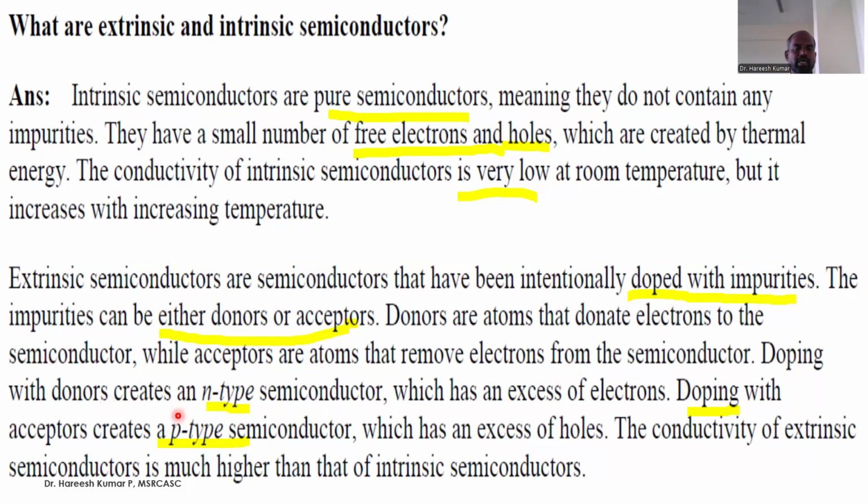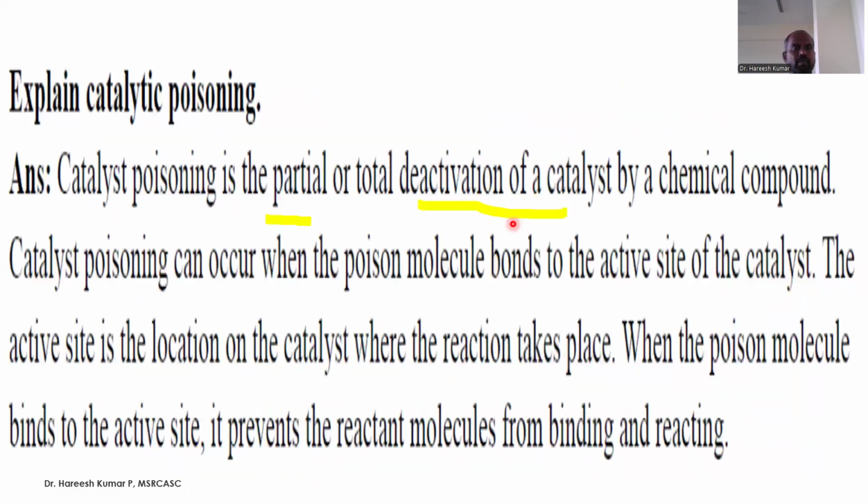Doping with a donor creates an N-type semiconductor, which has an excess of electrons. Doping with acceptors creates a P-type semiconductor, which has an excess of holes. The conductivity of an extrinsic semiconductor is much higher than that of an intrinsic semiconductor. With this, let's take one more question.